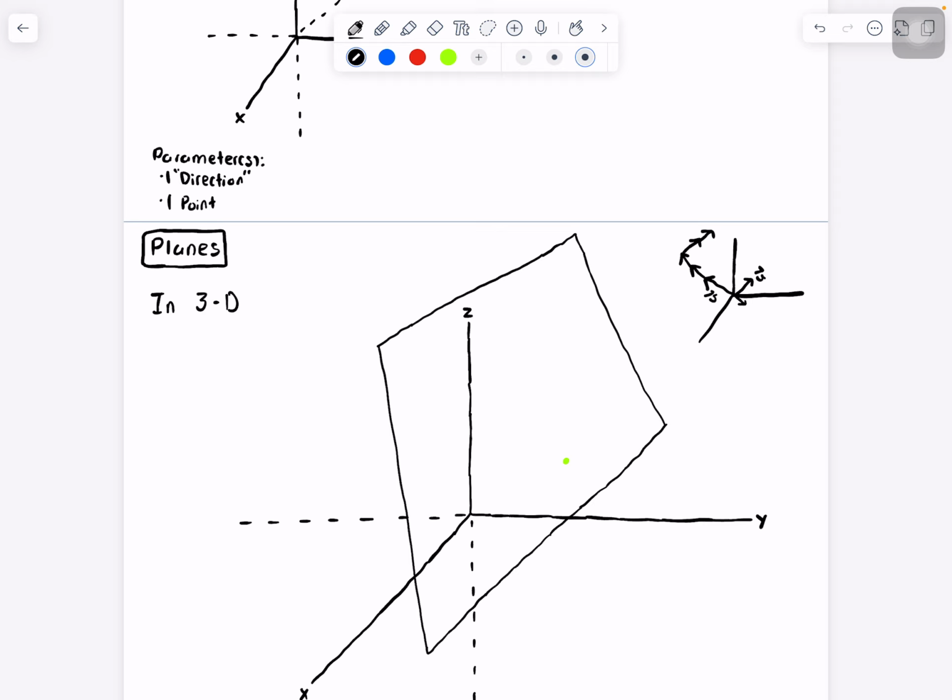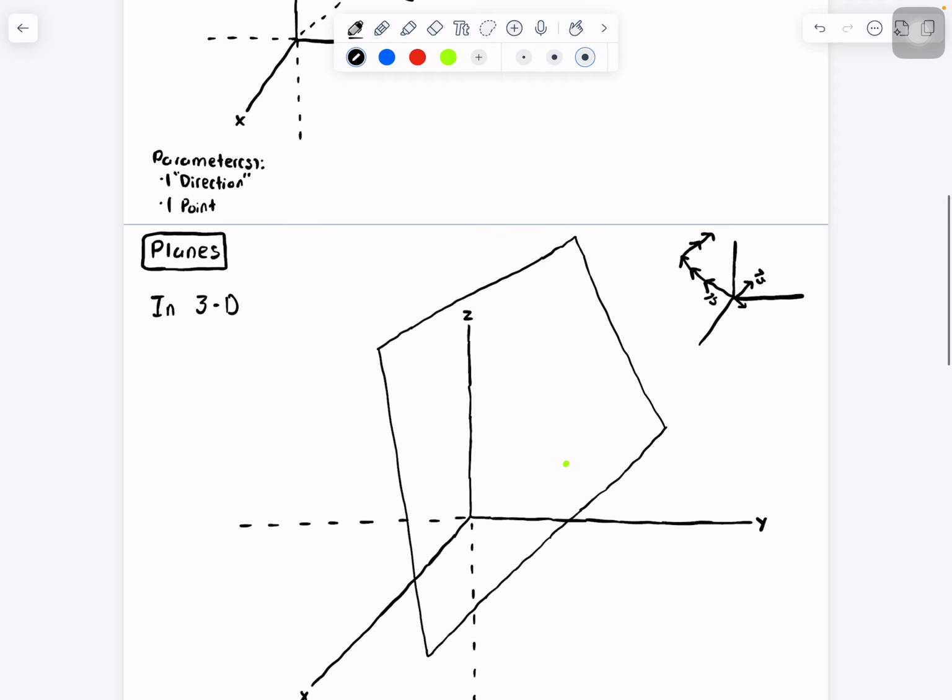plus maybe 1u, so it'd be like right here-ish. We could have possibly negative 5v, 1, 2, 3, 4, 5, and then maybe 3u, so that'd be like 1, 2, 3, right? And you can imagine now all possible linear combinations of v and u.